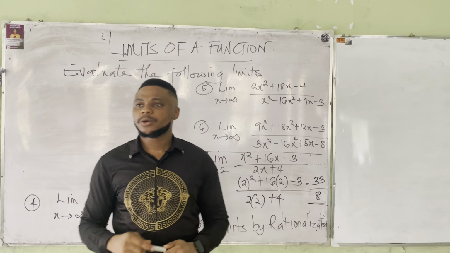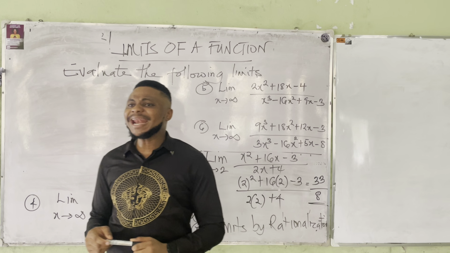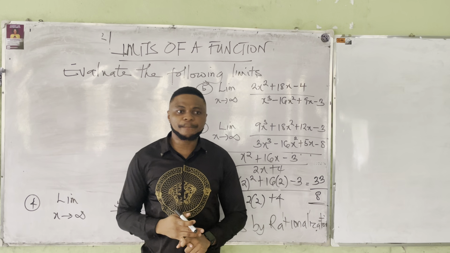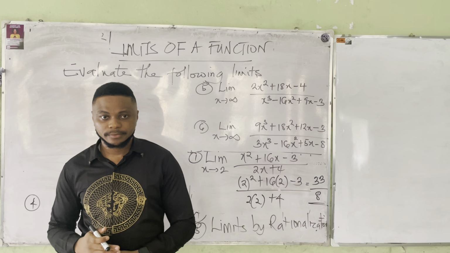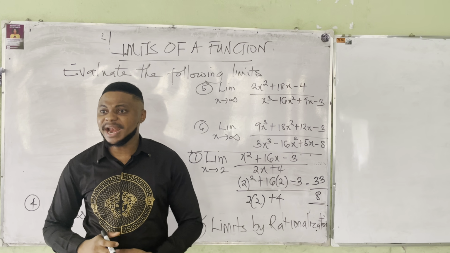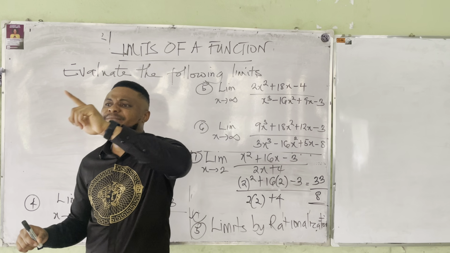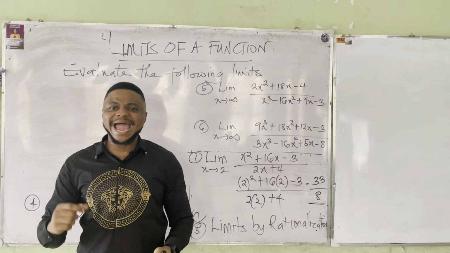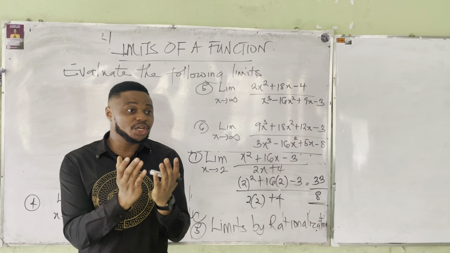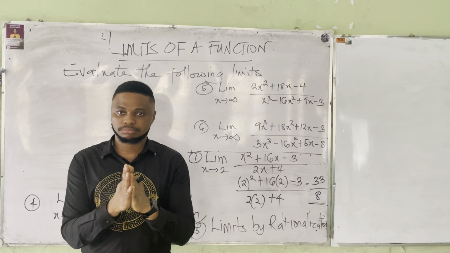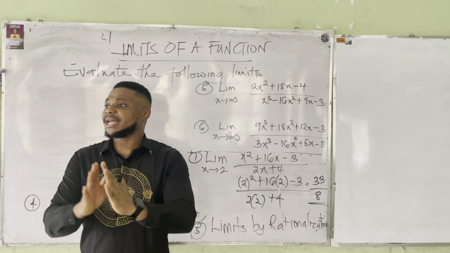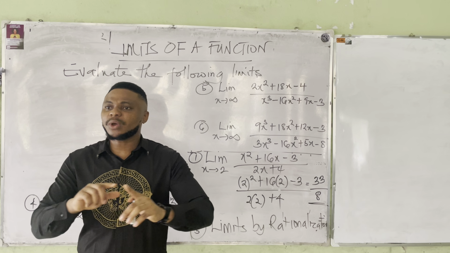Whenever x approaches infinity, divide everything in the numerator by the highest degree of x, as well as the denominator.